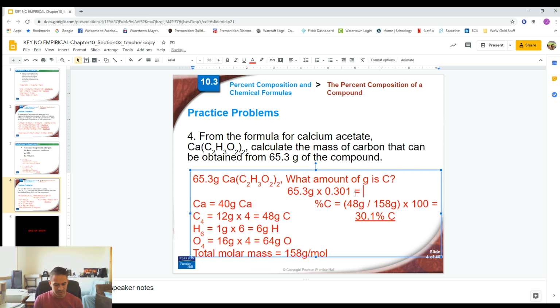And then when we do this math out, the number of grams we get here is going to be just the grams of carbon. So I get 19.7 grams of this will be only carbon. Okay? And actually, yeah, let's leave it as is. All right. So this is our final answer right here. Okay, of the 65.3 grams, 19.7 grams of it would be carbon because 30.1% of it is carbon, and we can apply that to the 65.3.